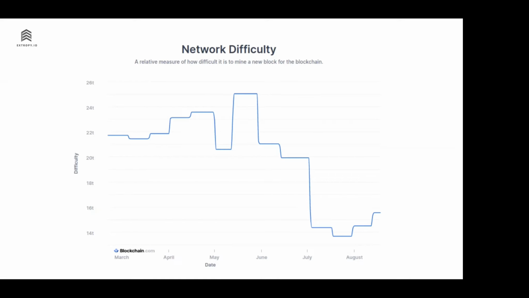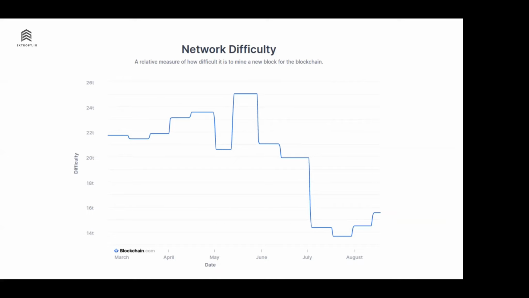And this graph here shows the change of difficulty over time. This was from last year, where a lot of mining was done in China. And then at a particular time, laws were passed against this, and so a lot of the mining in China was shut down.